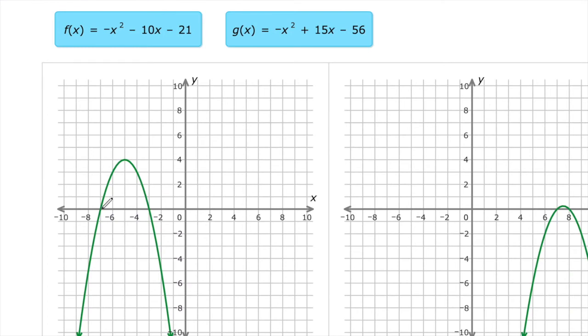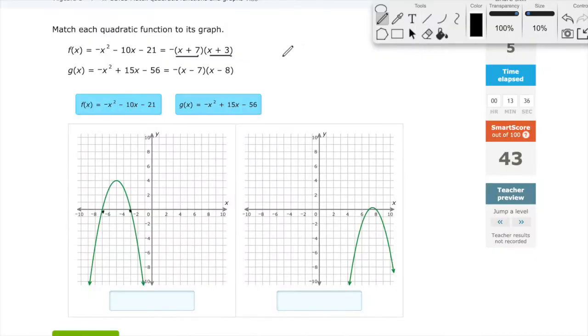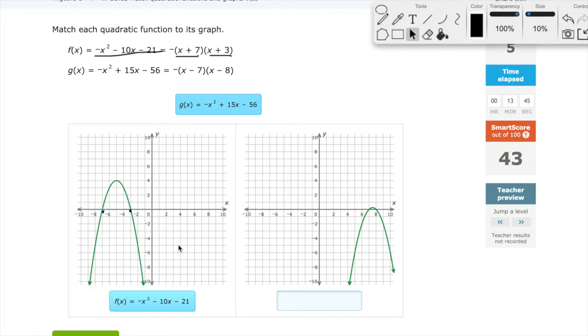If I look here, this would be at -7 and -3. So I know that this one, it's all wrapped together, goes with my first graph, leaving the second one for my second graph. But let's take a look real quick.